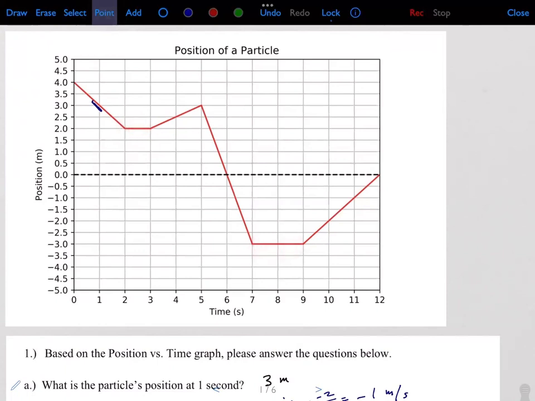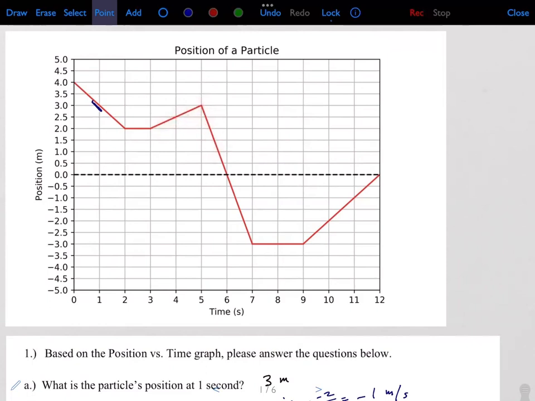Now, you have to be a little careful. Remember, when I created these graphs, they're really idealized graphs because it's easier for teaching purposes. See how there's like these kinks here, like at 5 seconds, there's this kink. In reality, this would have to smoothly blend into this part of the graph right here. You couldn't have this kink here because it's saying the velocity is jumping from like a half to -3.